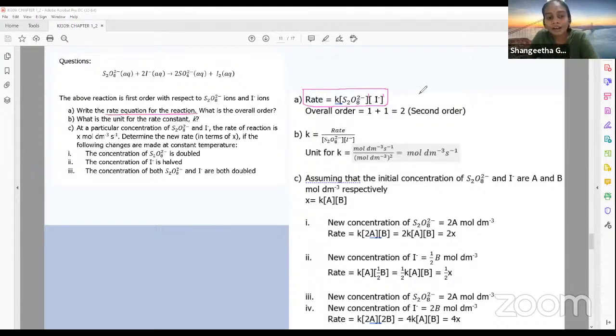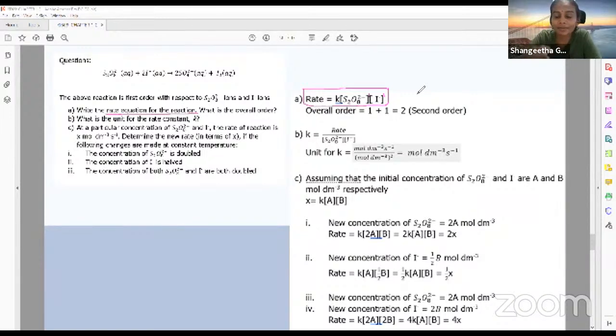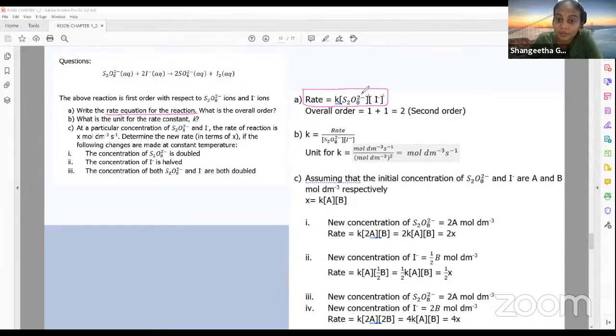By now you must have realized I keep emphasizing rate expression, because you must know how to differentiate the rate equation or expression from the rate of reaction that we learned previously. What we learned previously is only the rate of reaction. Now we want to compare the rate of reaction with the concentration of your reactants.